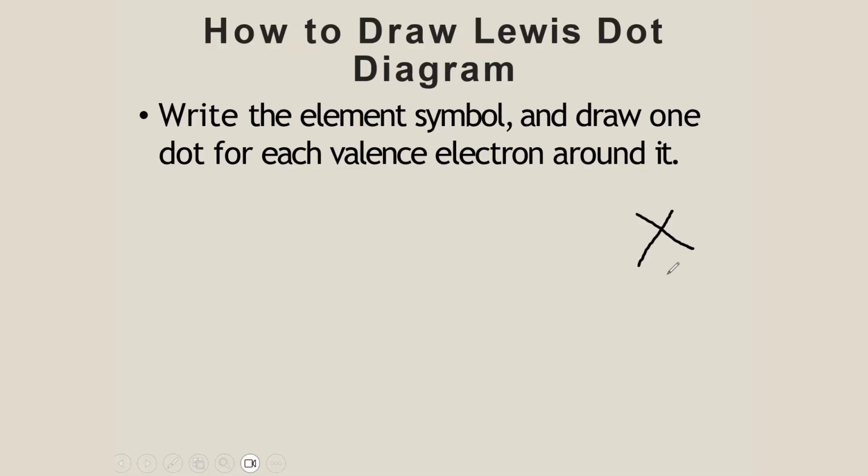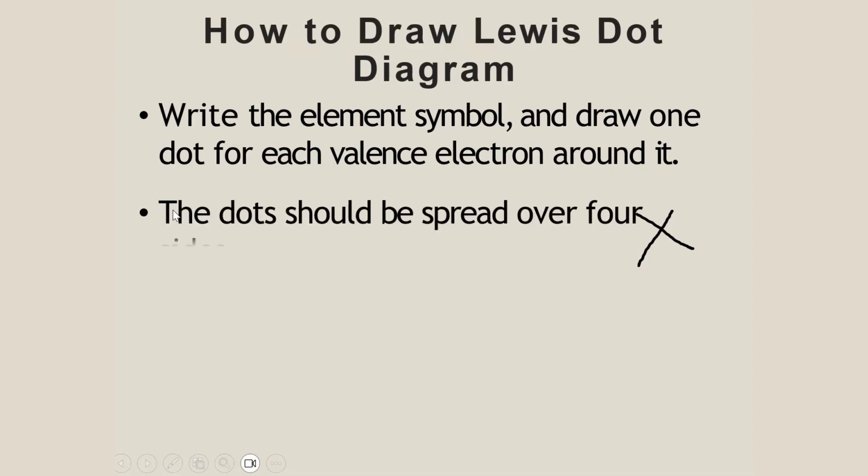But to draw those valence electrons, is it random or does it follow a special structure? First, the dots should spread over the 4 sides, unpaired. So if we have this X atom with 5 electrons, we will first draw an unpaired electron on every side of the 4 sides of this atom.